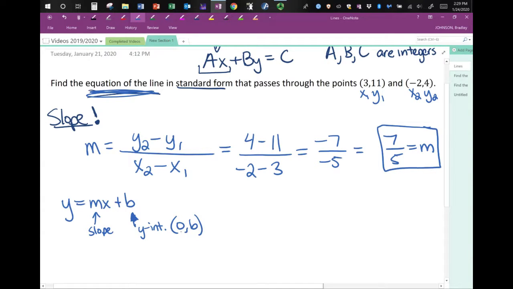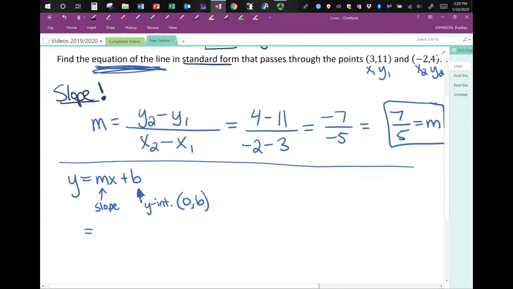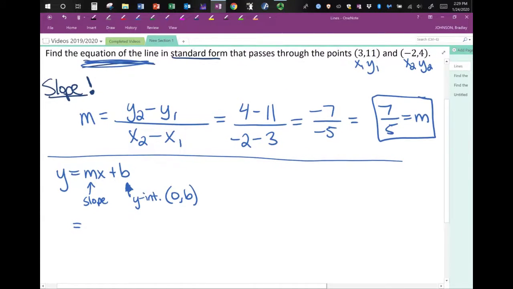When x is 0, y would be b, your y-intercept value here. So that's what we'll use here. Now we know the slope, so let's just plug in 7/5 into our slope spot. So 7/5 will go right there.